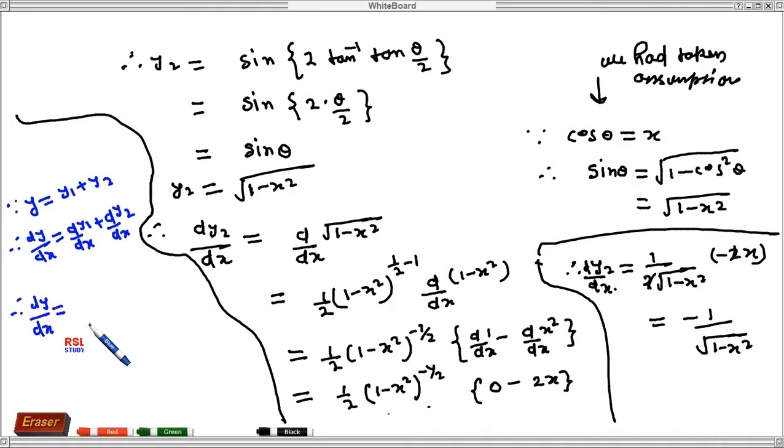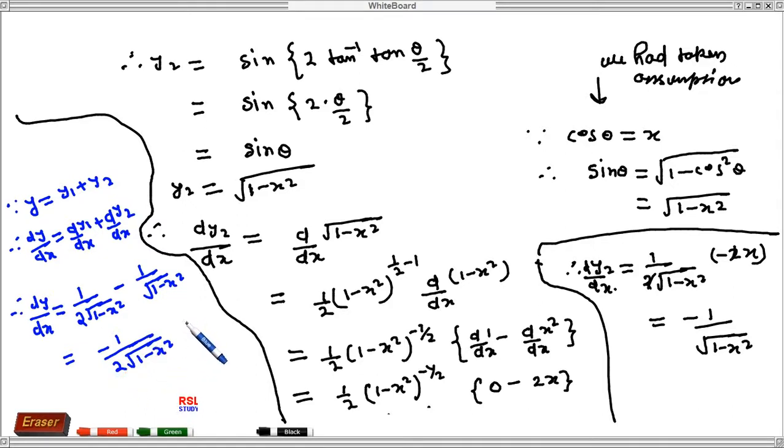So adding this differentiation and this differentiation, we will get d/dx of y. d/dx of y1 was 1 by 2 under root 1 minus x square, which we just calculated previously, and d/dx of y2 is this. So this is half, this is 1, so minus half like this, so that will be the answer.